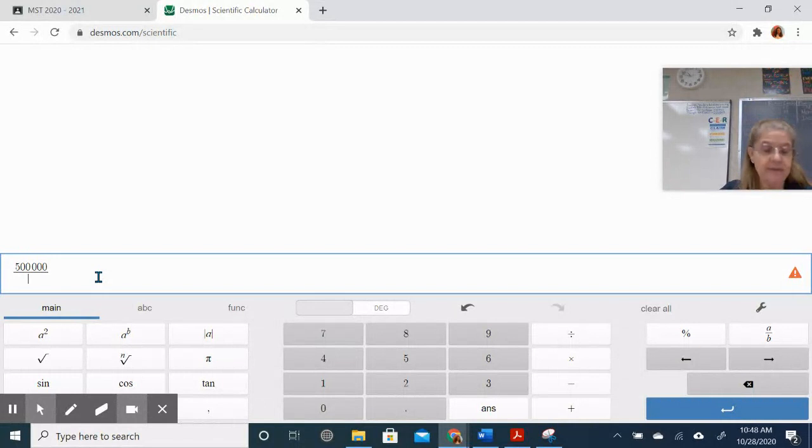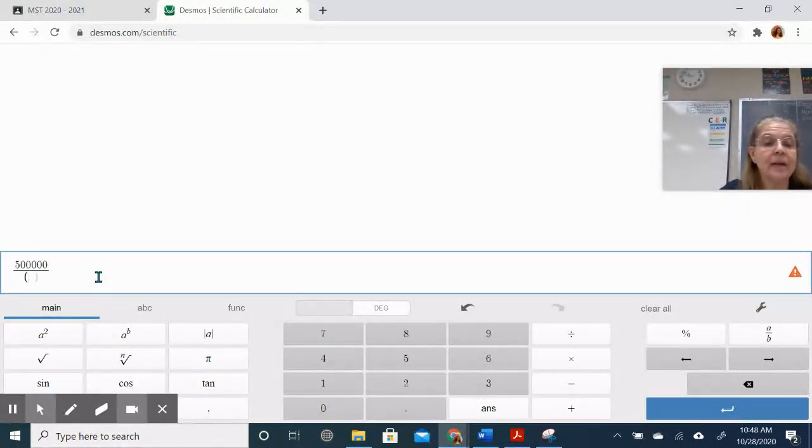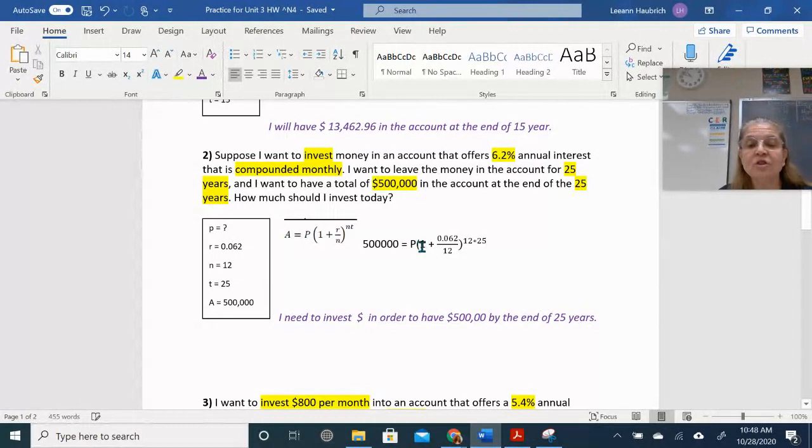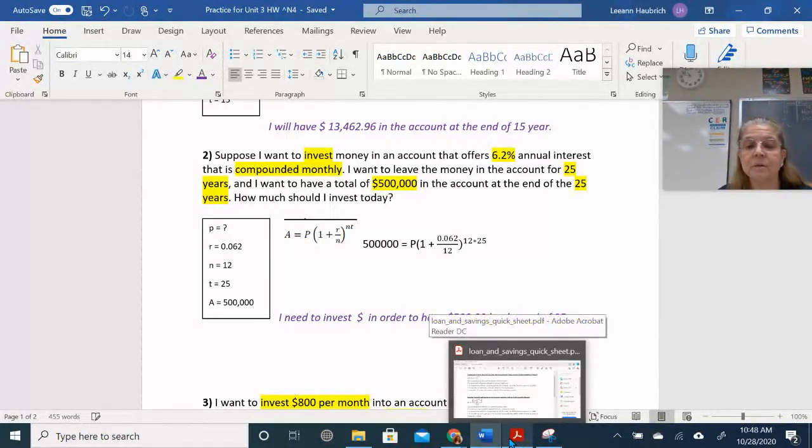In order for this to know that I want it to take everything, let me just show you what I wanted to take. I wanted to do all of these pieces here, so that I'm dividing this side by this to get the principal by itself. Hopefully that makes some sense to you.